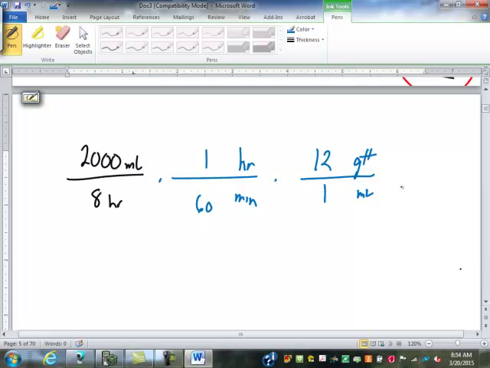Those are 12 right there. And I would have just multiplied that out and divided. So we would have had 2,000 milliliters. Of course, the milliliters cancel, the hours cancel. We're left with drops per minute. 2,000 times 1 times 12 would be 24,000 drops. 8 times 60 times 1 would be 480 minutes. Then you just divide that out to get 50 drops per minute.